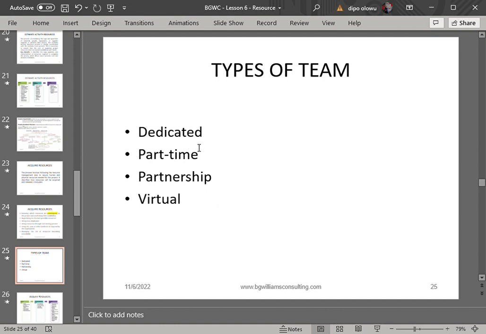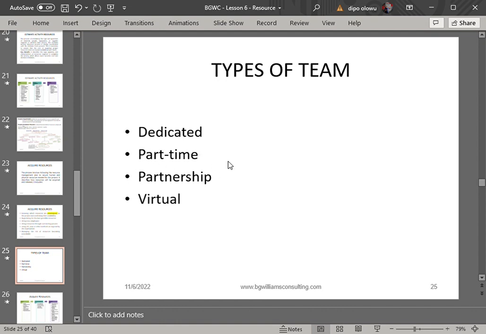What do we mean by dedicated team? You can decide to acquire a team, a set of people that will work full time on your project, which means they will be dedicated to the project and are going to give their best and focus on the project as a whole. We refer to them as a dedicated team.